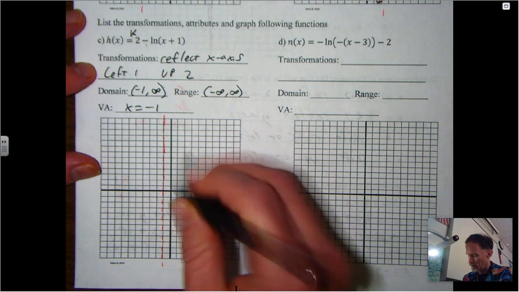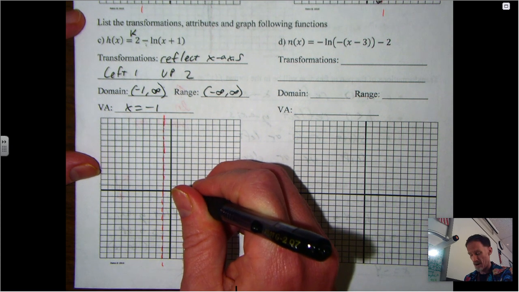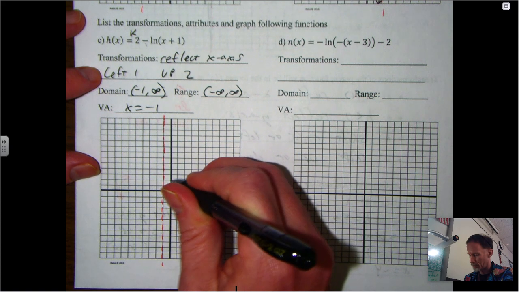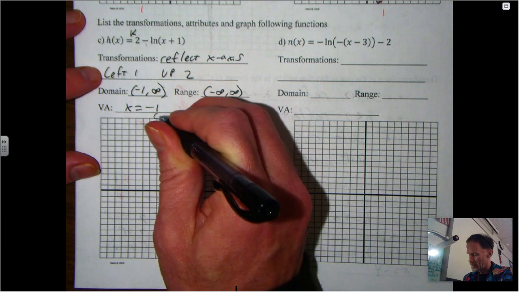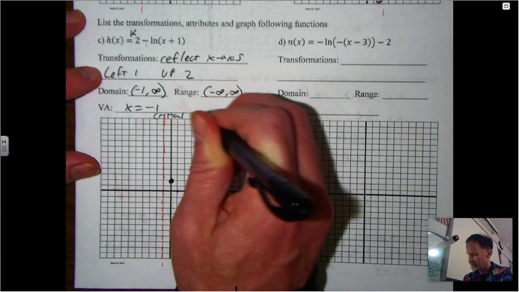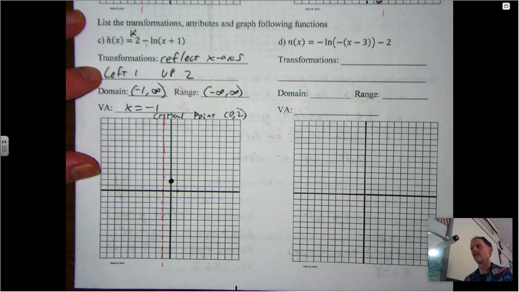Critical point, 1, 0. Reflecting across the x-axis doesn't change it at all. So then we just go left 1 and up 2. So my critical point is right here at 0, 2. Okay?